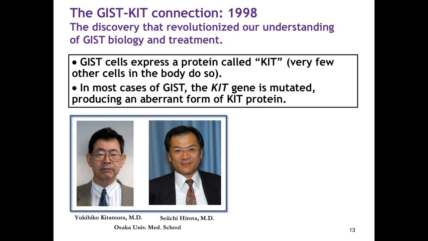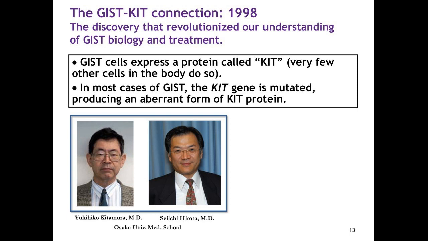It's really a historical fact. So this protein called KIT is expressed in GIST cells. It's also expressed in ICCs, which shows you the relationship between ICC cells and GIST. But importantly, there are some, but very few other cells in the adult body that express this protein.